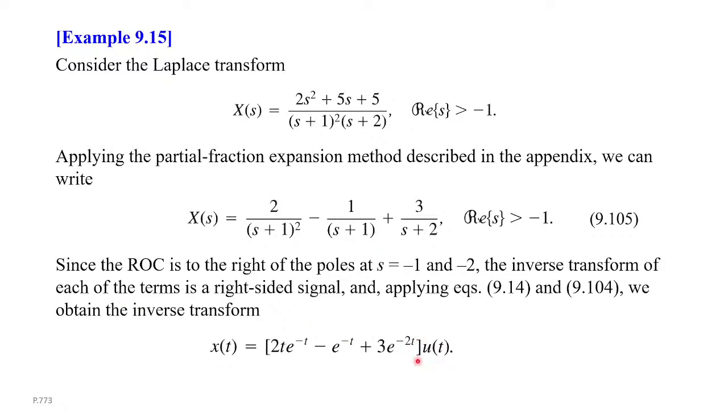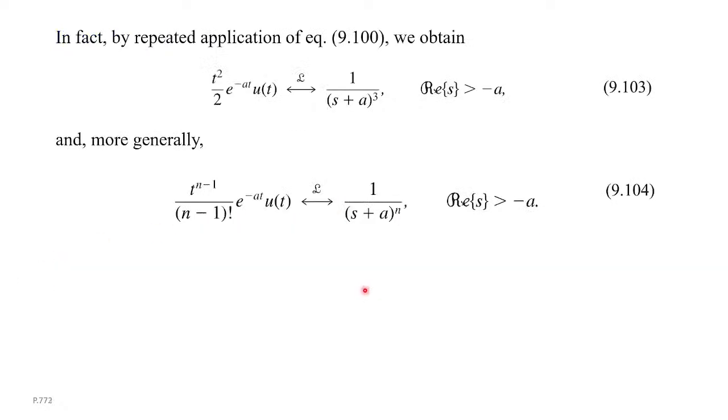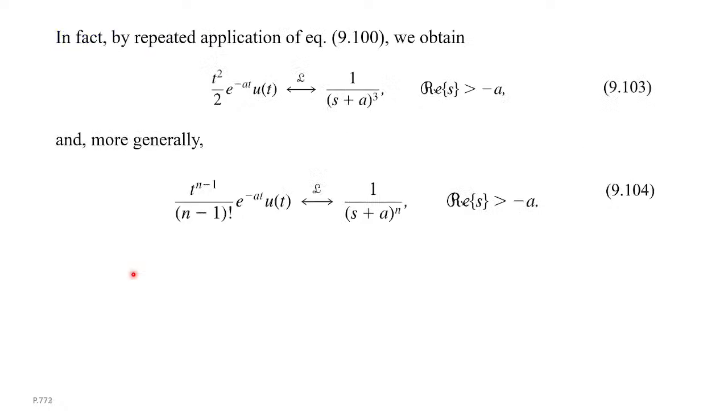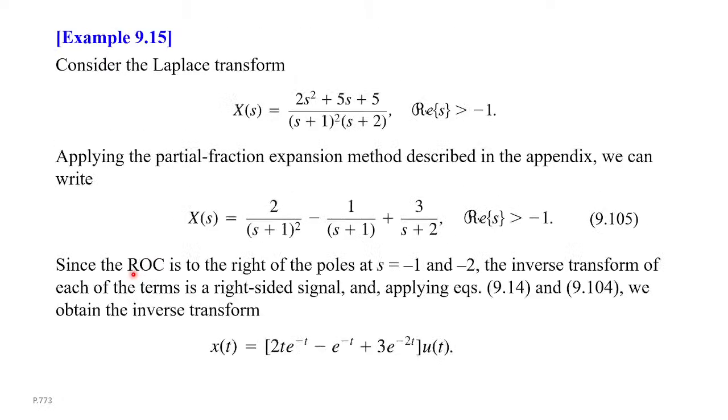Those first two we know from the example a long time ago: 2 gets 2, 1 gets 1, and then -1, -1, 3. Now for the (s plus 1) squared term, we can use this example, and you see that the square gives you the t here. Question from this example?